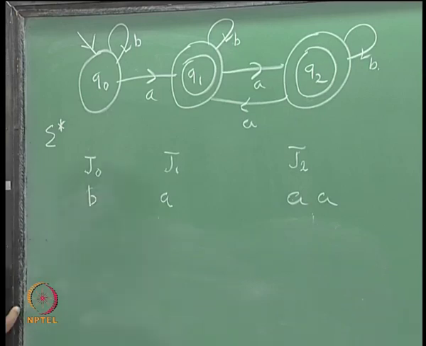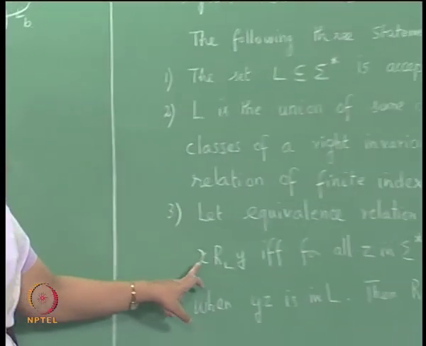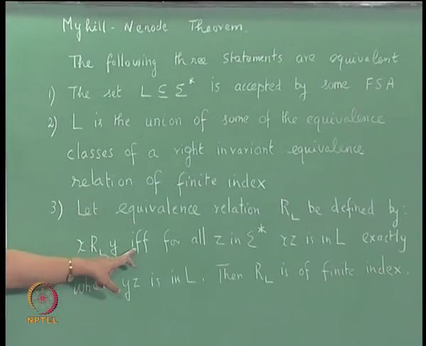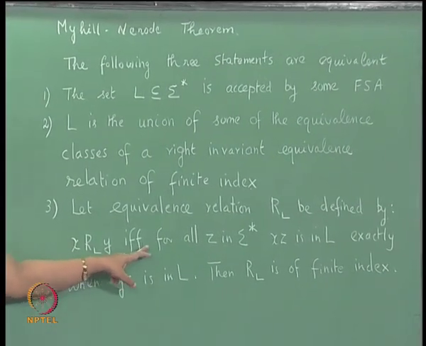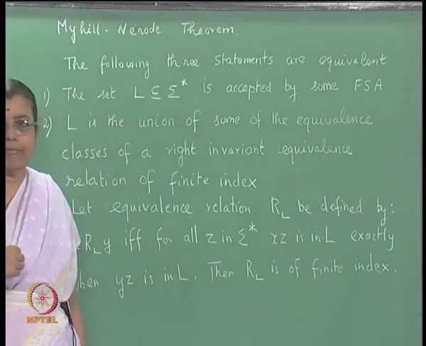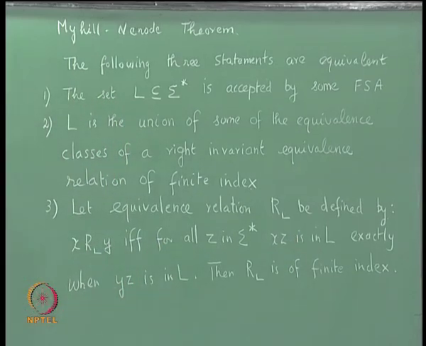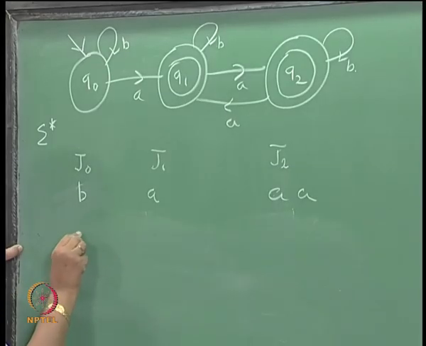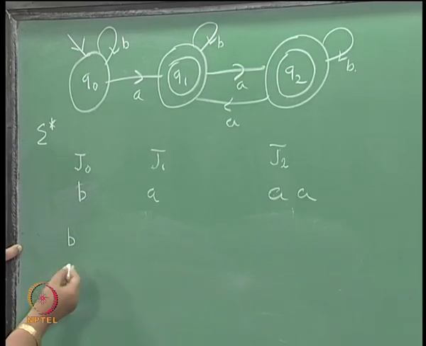RL is defined like this: x RL y if and only if for all z in sigma star, xz is in L exactly when yz is in L. So, you find that if we take, for example, one string from here, one string from here.